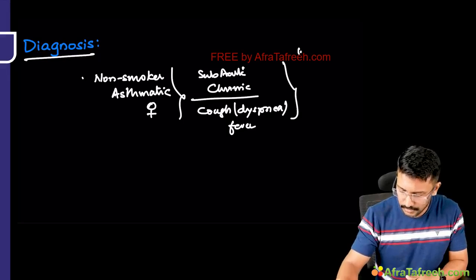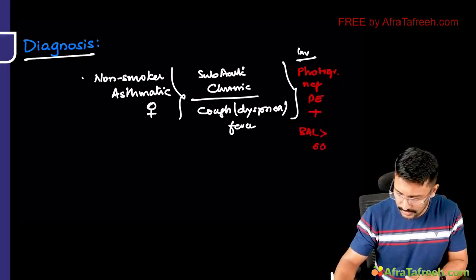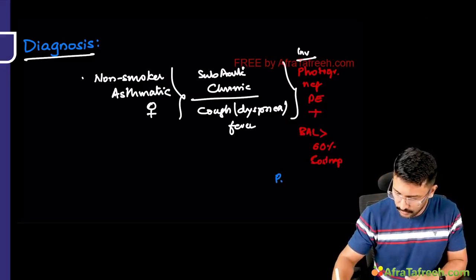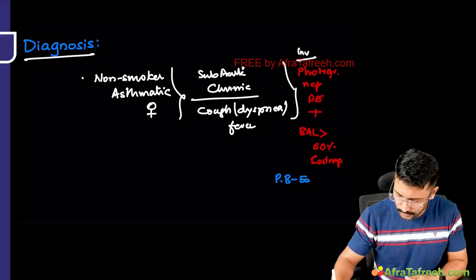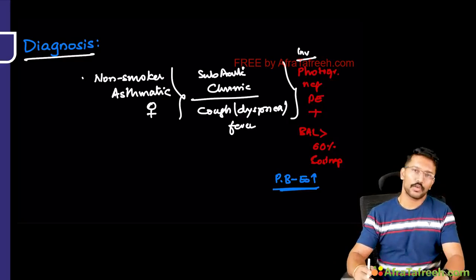And on investigation, you have photographic negative pulmonary edema features plus BAL fluid, which is showing more than 60% eosinophils. And also you will have peripheral blood eosinophil counts higher, right? So that's how we come to the diagnosis of chronic eosinophilic pneumonia.